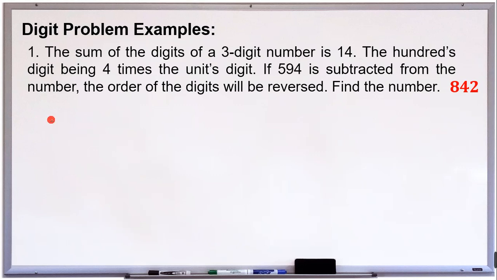In this case, it is stated that we have a three-digit number. For a three-digit number, it comprises the hundreds digit, the tens digit, and the ones digit. So expect a three-digit number answer.